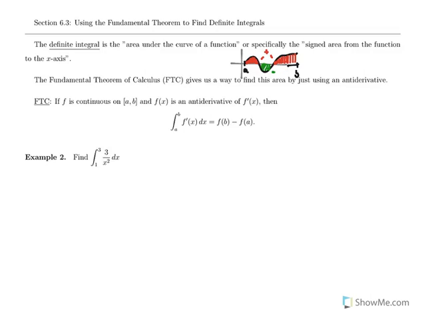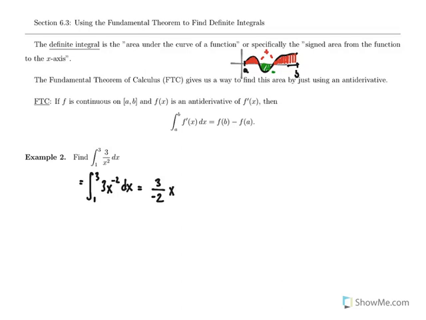So let's do an example of that. Let's find the integral from 1 to 3 of 3 over x squared dx. So first thing we need to do is find an antiderivative of 3 over x squared. And it might help to write this out as 3x to the negative 2. The antiderivative here is going to be 3 over negative 2.